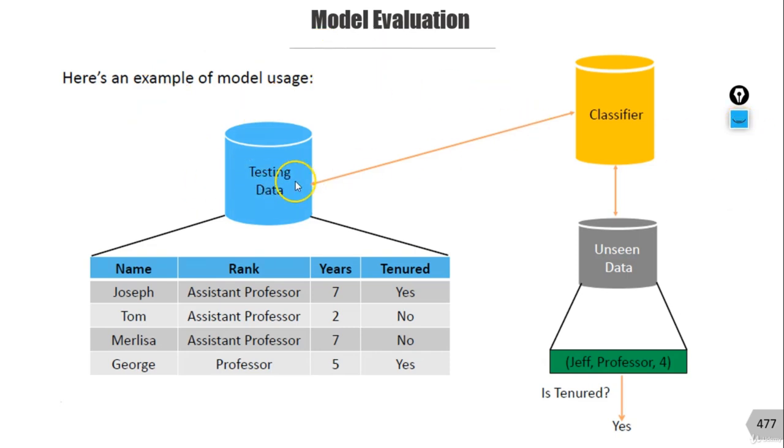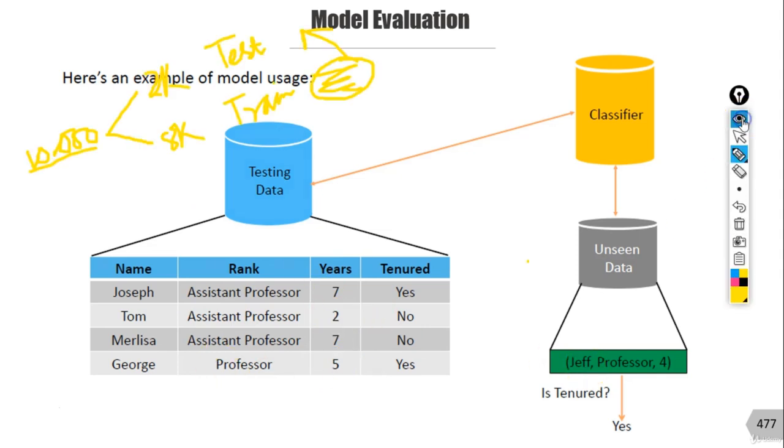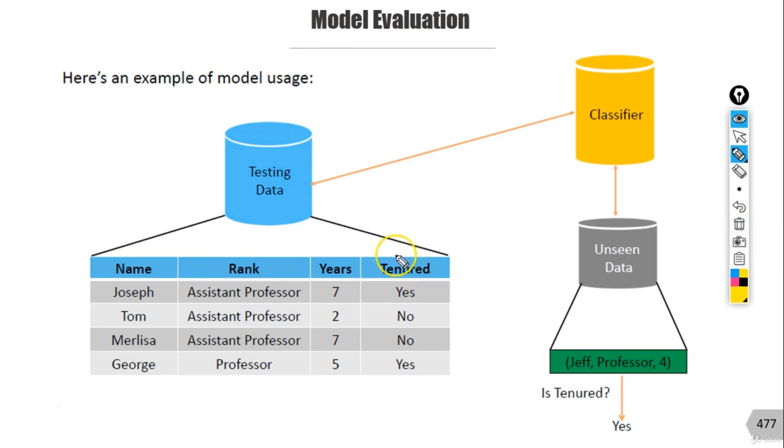we have a test data set, and on top of this test data set I am trying to predict. Suppose you already have the tenured column, but I am trying to predict it. If you remember our earlier logic, what did I say? If it is professor, then I would say yes, and if it is assistant professor but greater than 6, then also I would call them yes.